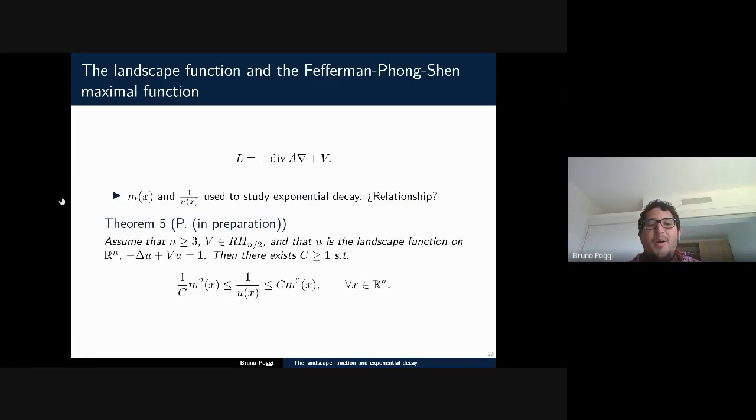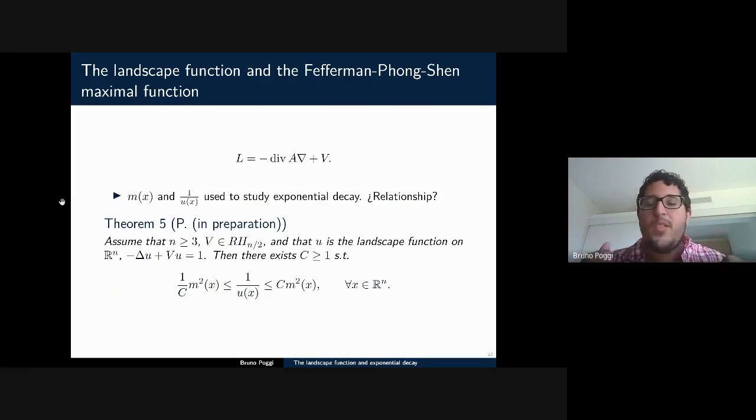Thank you. So now, as I said, you have these two tools, the Shen maximal function and the landscape function of Filoche-Mayboroda. Both of them are used to study exponential decay. Now, what is the relationship between them?